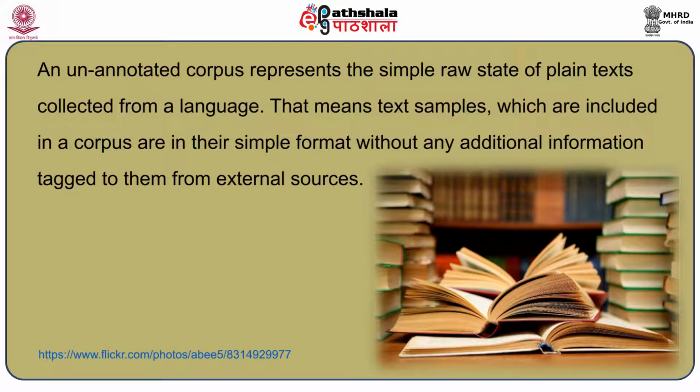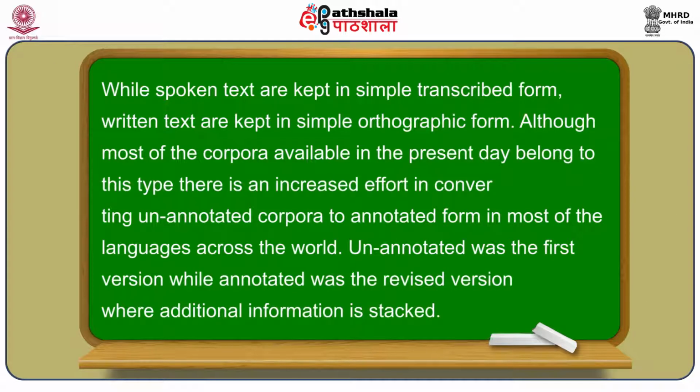An unannotated corpus represents the simple raw state of plain texts collected from a language. That means the text samples included in the corpus are in their simple format, without any additional information tagged to them by any external sources. While spoken texts are kept in simple transcribed form, written texts are kept in simple orthographic form.